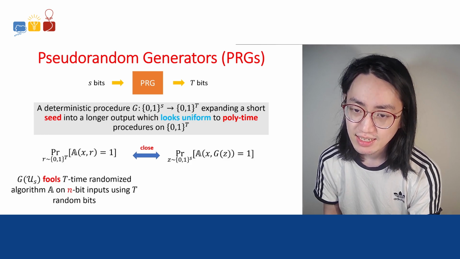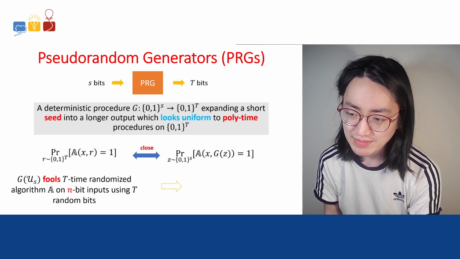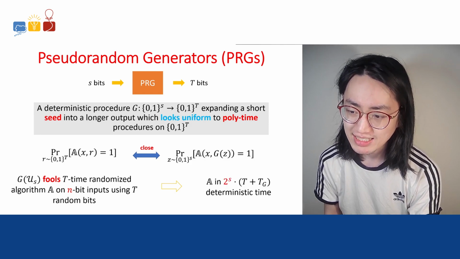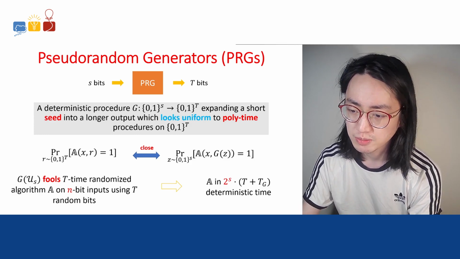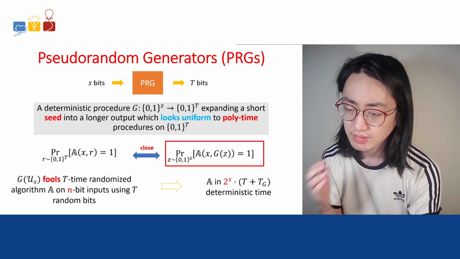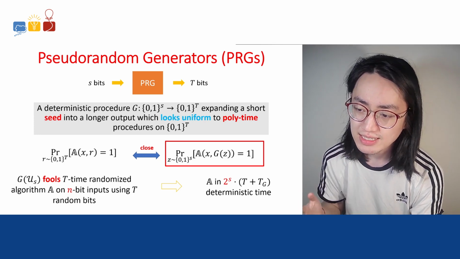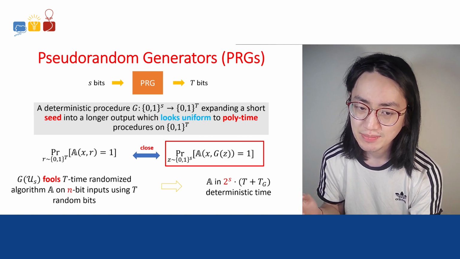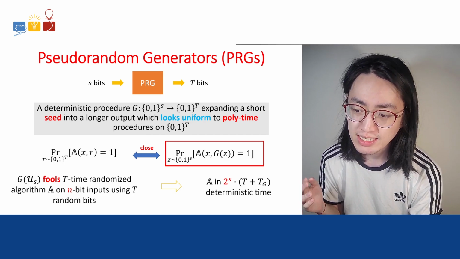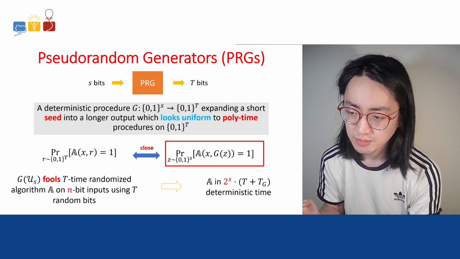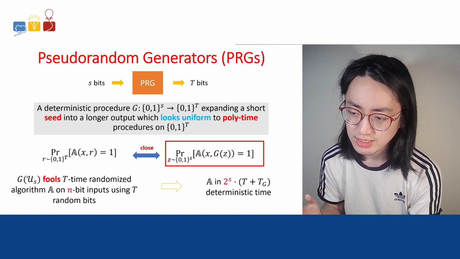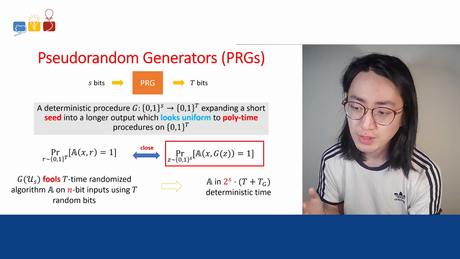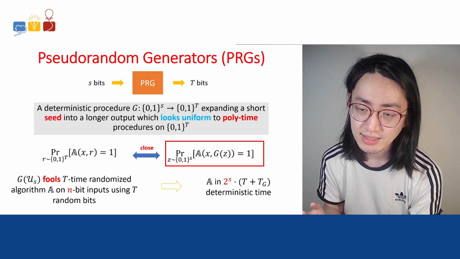If this is the case, then we can use the acceptance probability of A over the output distribution of G to estimate the acceptance probability of A over the uniform distribution. In particular, one can first obtain all outputs of G in 2 to the s times T sub G time, where T sub G is the running time of G. Then we can feed all these outputs as randomness to the algorithm A to obtain the estimation of the red box.